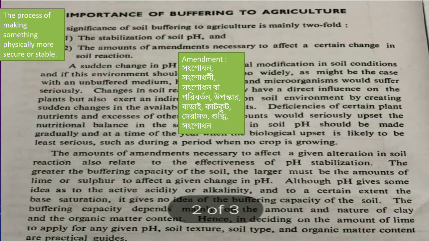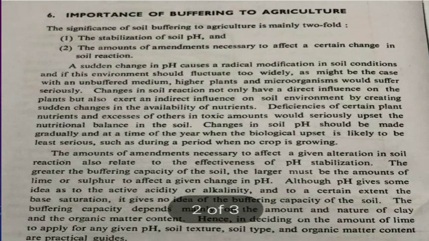Now, number 2, the amount of amendment necessary to affect a certain change in soil pH. Stabilization of pH and the amount of amendment necessary to affect the change in soil reaction.